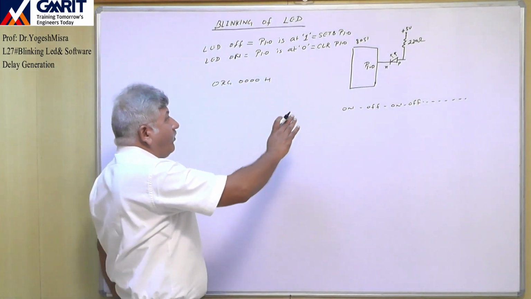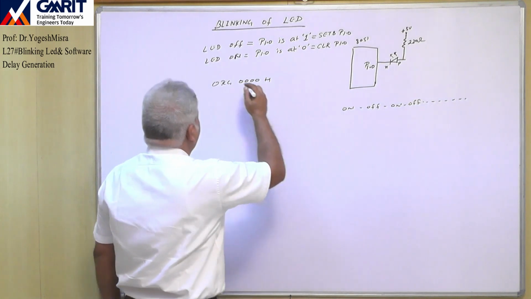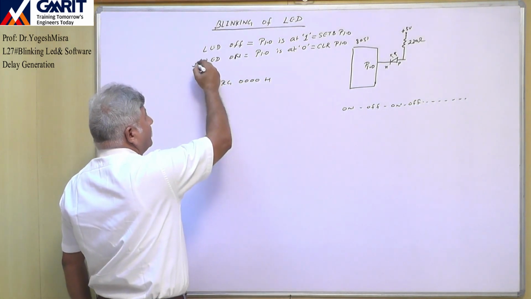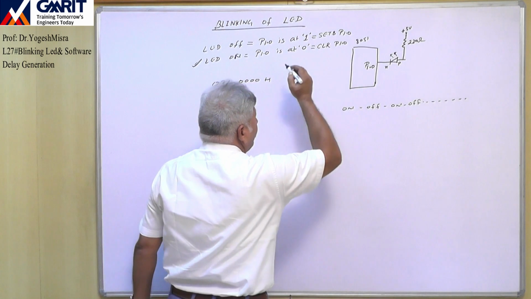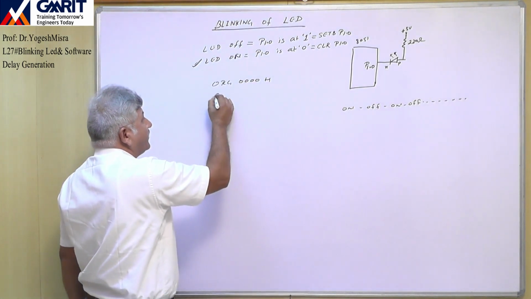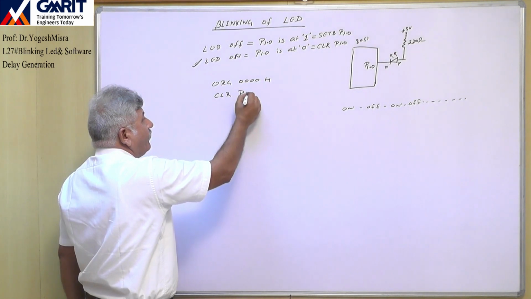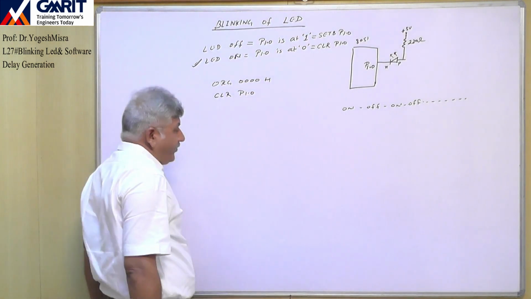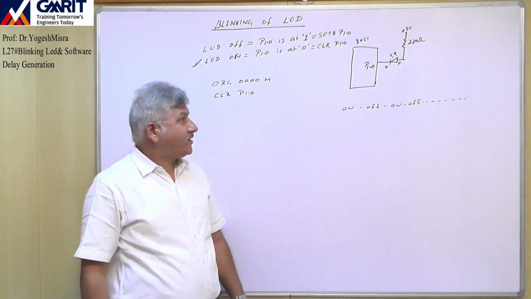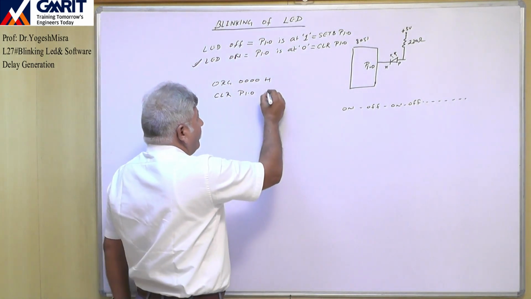So first we will switch this on. To switch it on, we have to clear pin number 1.0. So we will write the instruction CLR P1.0.